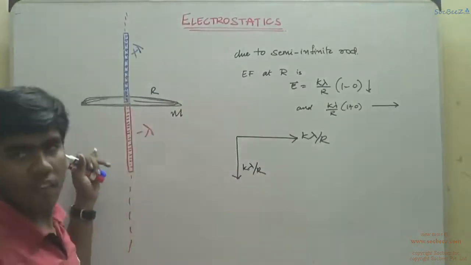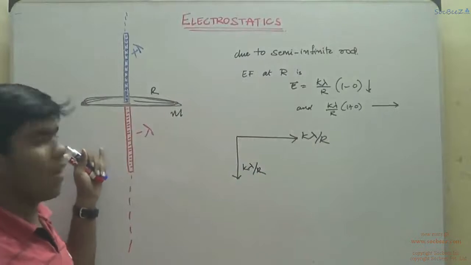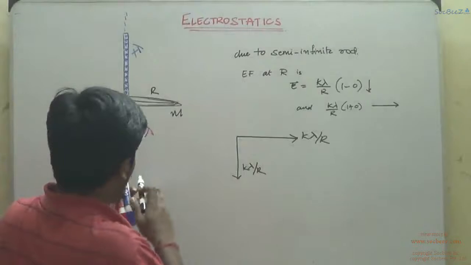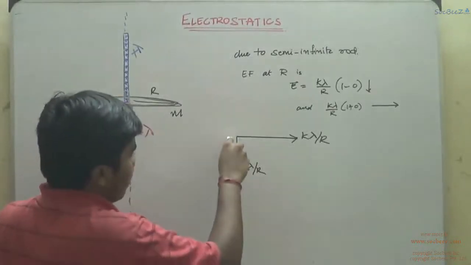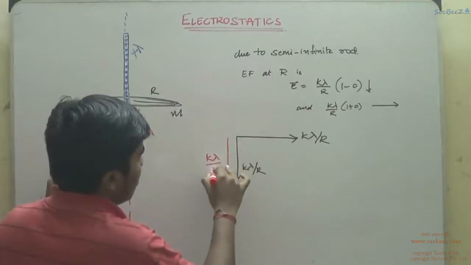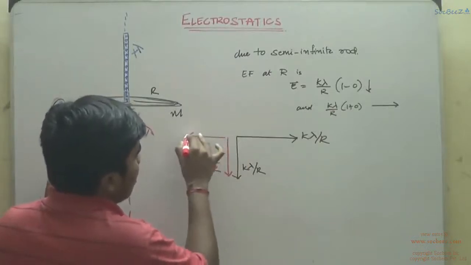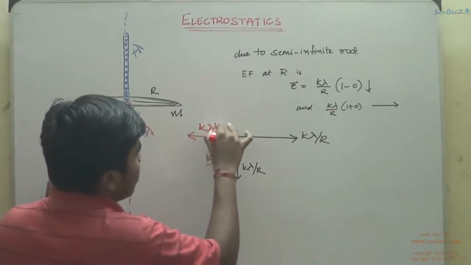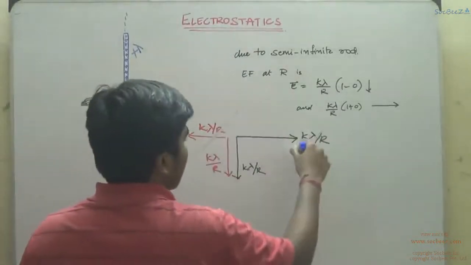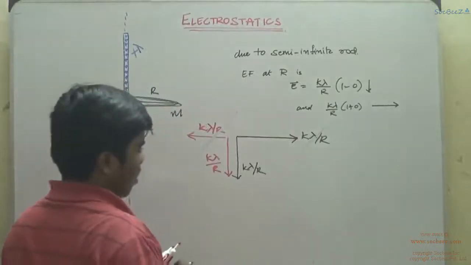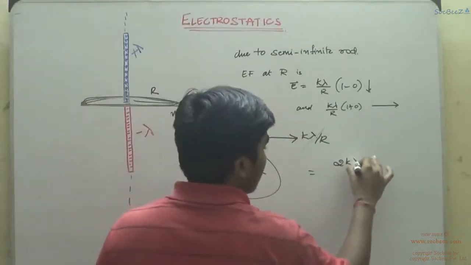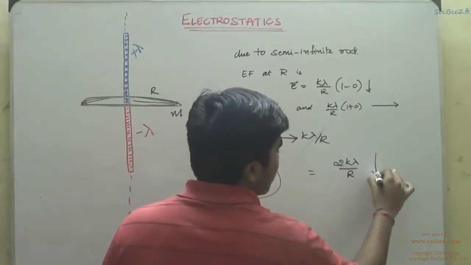Similarly, if you find the electric field due to the negative charge, we will find that the electric field is in this way. If you find the net field, this and this get cancelled, so ultimately it results in twice of this, which is equal to 2k lambda by r acting downwards.